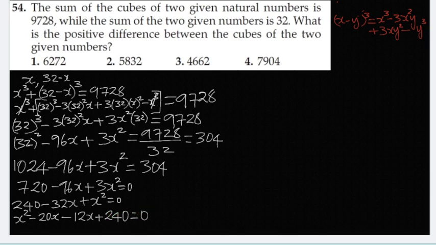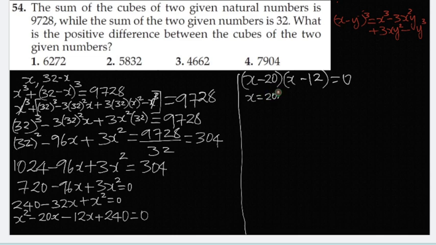So from this we can get the factors as x minus 20 and x minus 12, equal to 0. So we get the value of x equal to 20, 12. So 20 and 12 are the two numbers that we are looking for.